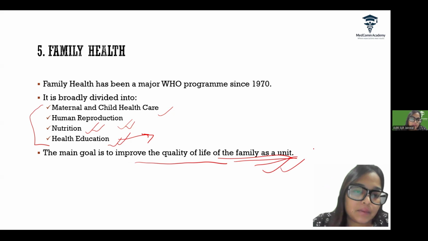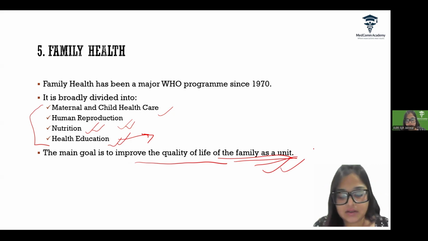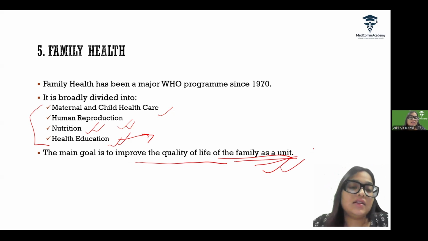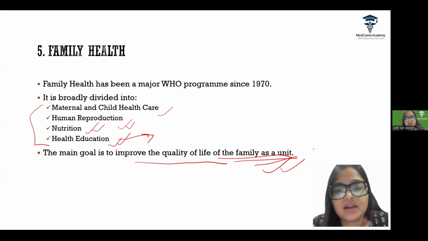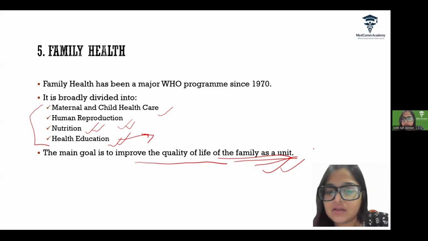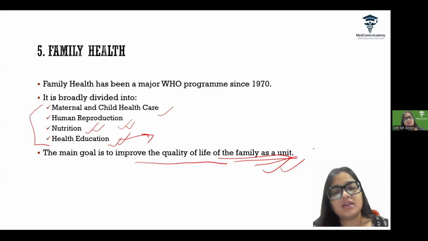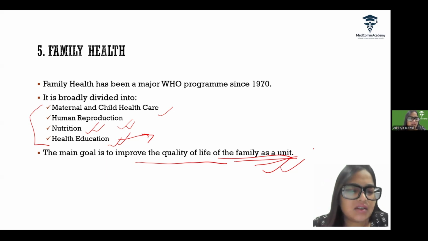As the quote goes, a healthy body can harbor a healthy mind. Physical and mental health go hand in hand. If even one member of the family is suffering from any mental or physical ailment, the entire family indirectly suffers from it.